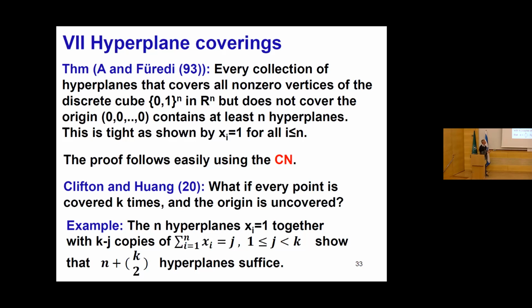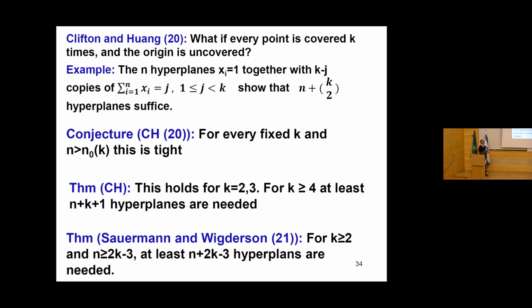They have an example showing that n plus k choose 2 hyperplanes always suffice, and they conjecture that this is the truth. They could prove this conjecture for k equals 2 and 3, and they got some lower bound for every bigger k.